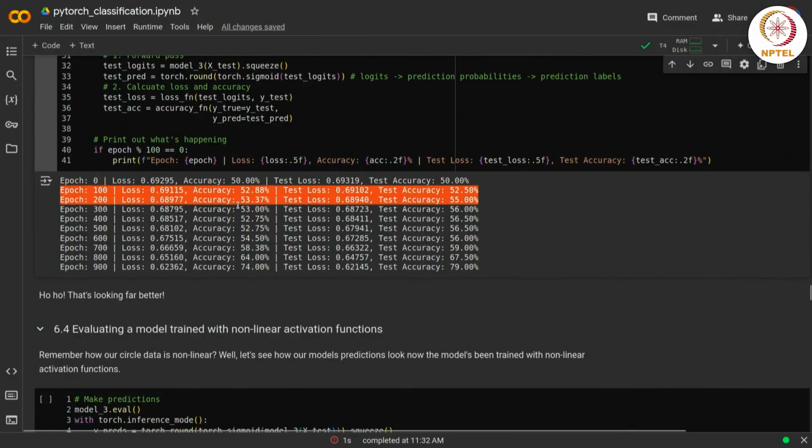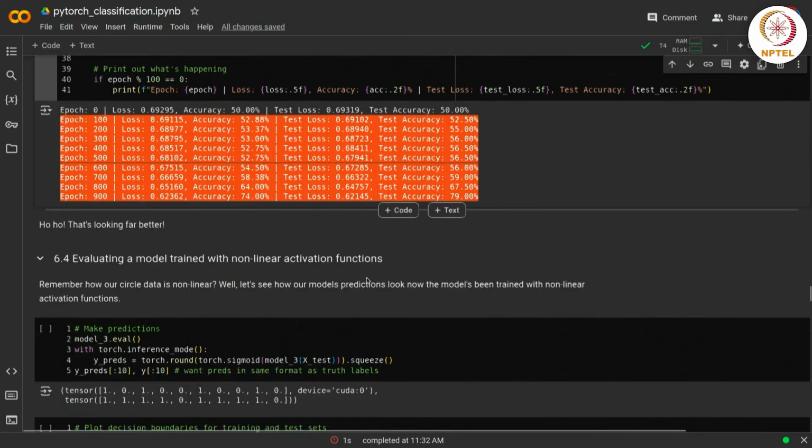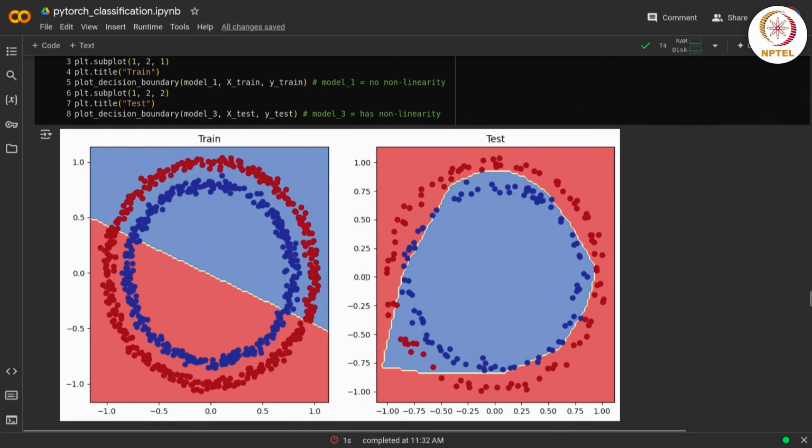You can see that both train and test accuracies are improving and the losses are decreasing. Now let's look at what the decision boundary looks like.